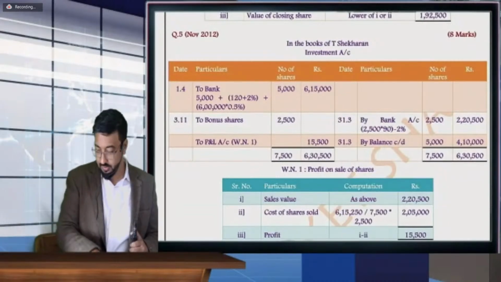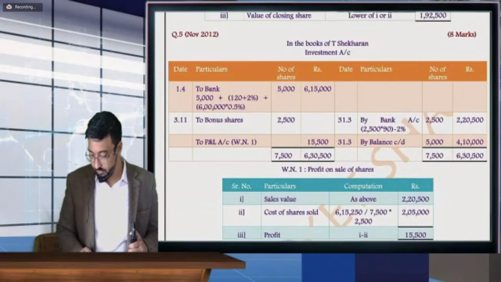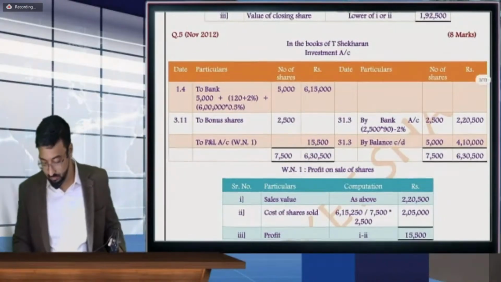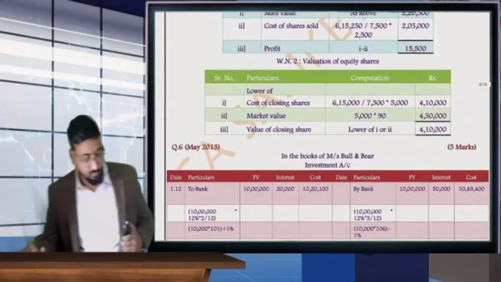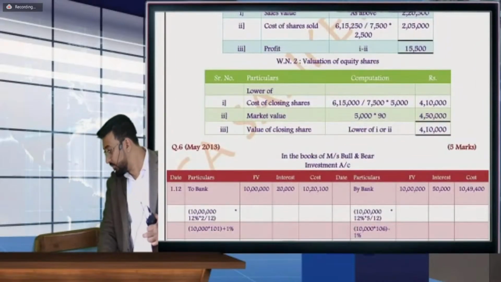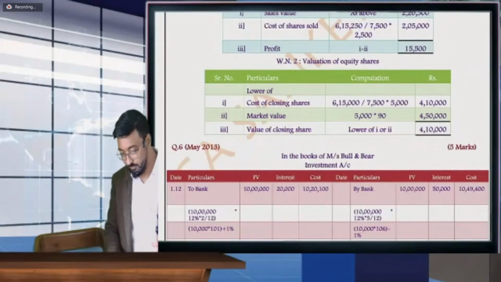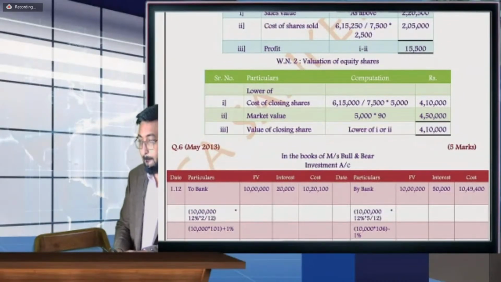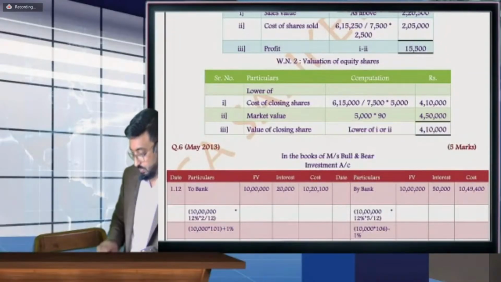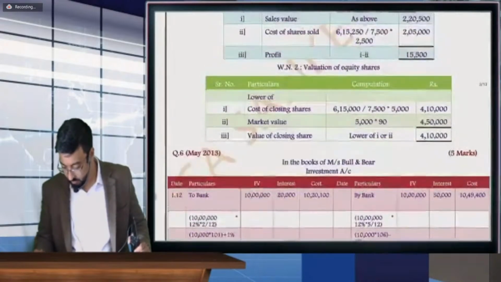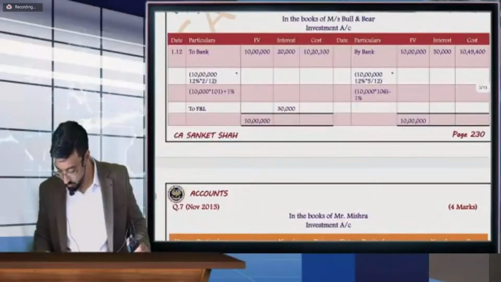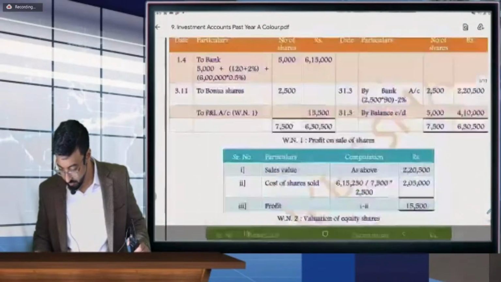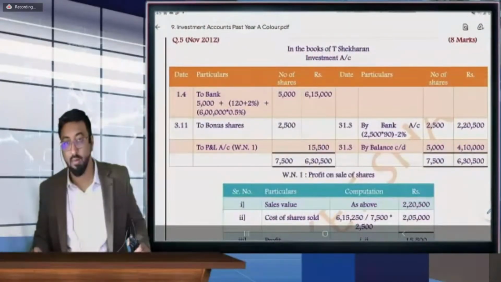Bonus shares. Are you getting the same answer, beta?